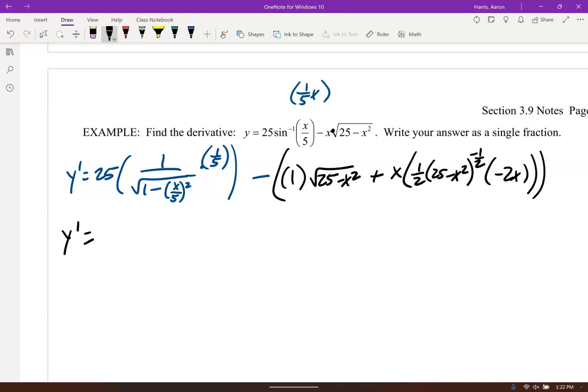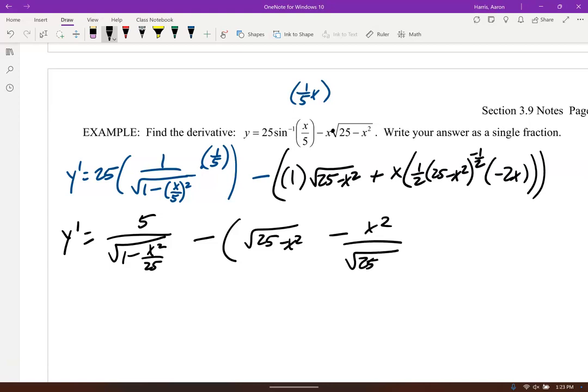Well, 25 times 1/5 is 5. So I got 5 over the square root of 1 minus x squared over 25. Minus, and then I've got the square root of 25 minus x squared. Let's see, I've got minus 2x squared over 2. So minus an x squared over the square root of 25 minus x squared.